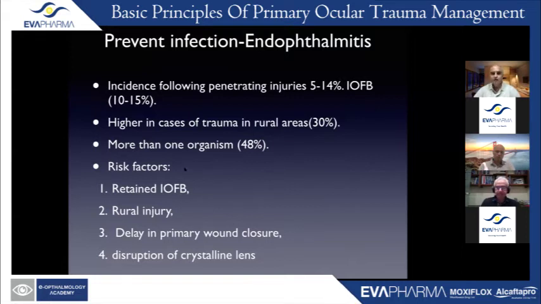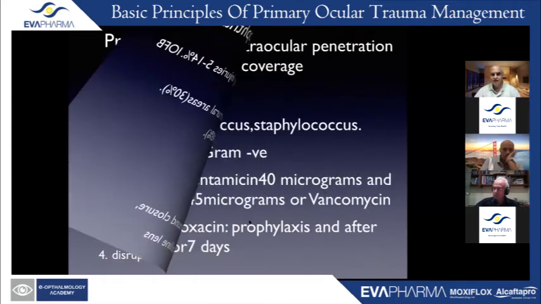There could be more than one organism, and there is a list of risk factors. So the history is very important. The history to prevent infection and endophthalmitis is very crucial in all trauma cases. Otherwise, even if you do the best repair, you can lose the eye just because you did not pay enough attention to the possibility of infection.